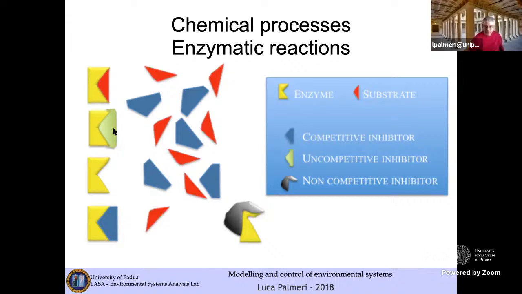There is a third type of inhibition, that of non-competitive inhibitors, which are chemical elements that link to the enzyme in a very destructive way. So it's a way of disrupting the enzyme.